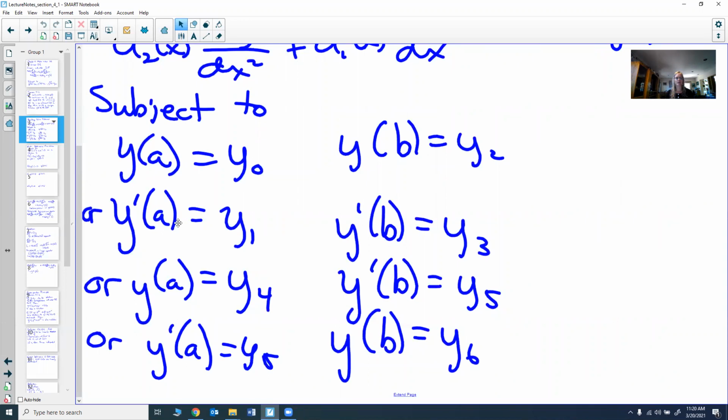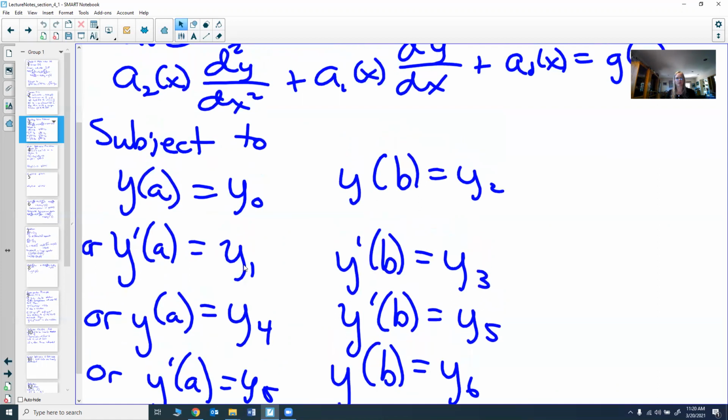The reason they're called boundary conditions, you think, is that a is one end and b is the other end. You can also have it where y of a is another value, we'll call it y4, and y prime of b is another value we'll call y5. Or y prime of a equals another value, and y of b equals another value. So you can have different combinations of these.